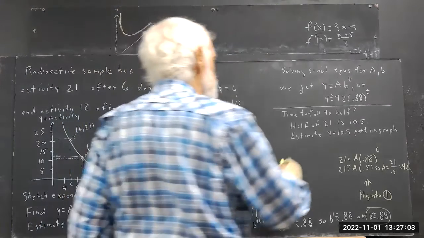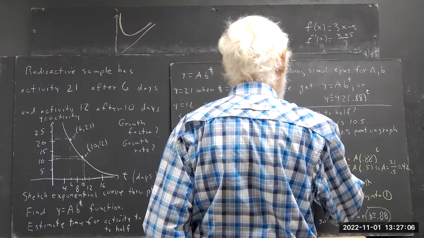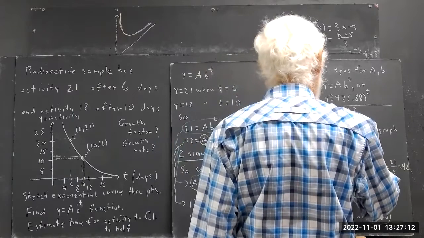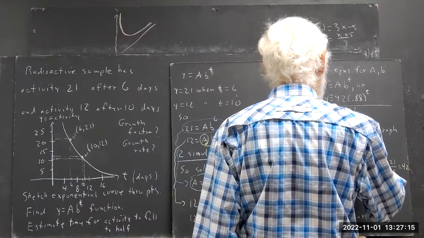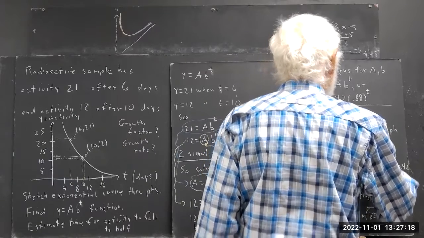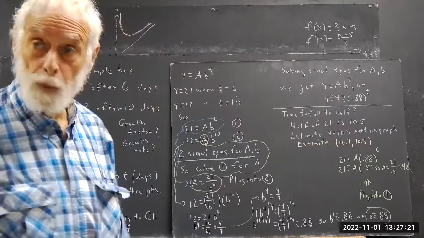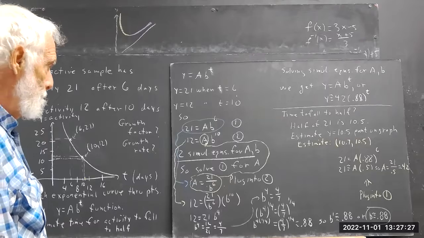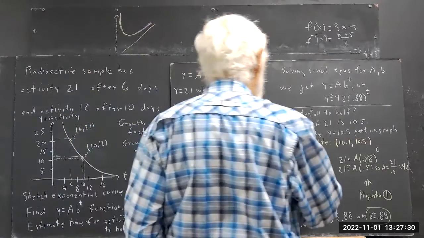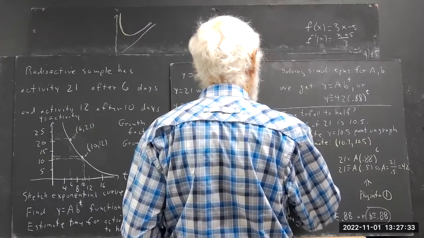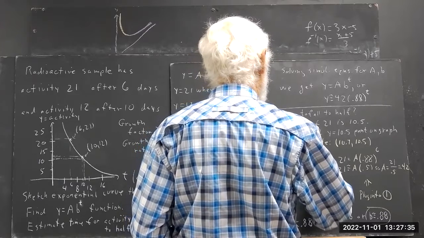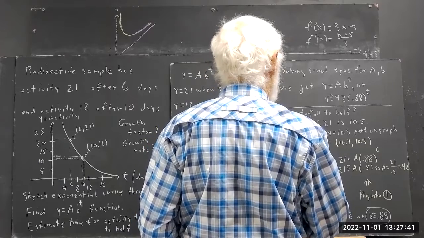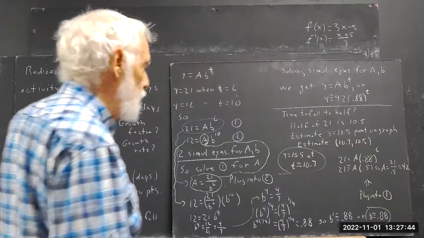So I estimate 10.7, 10.5, which means y equals 10.5 and approximately t equals 10.7.